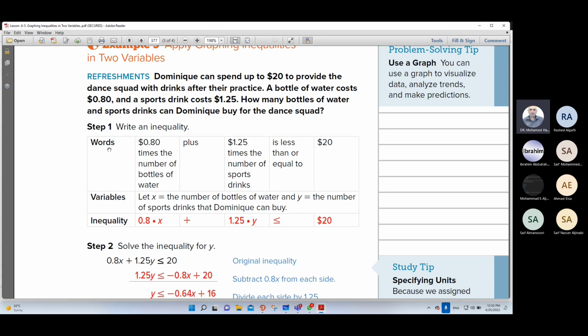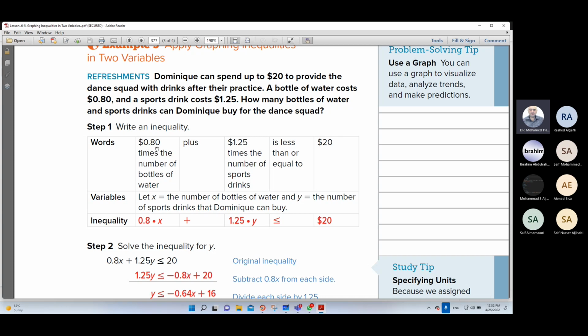We have 0.80 times the number of bottles of water, plus 1.25 times the number of sports drinks, less than or equal to $20. For the variables, let x be the number of bottles of water, and y the number of sports drinks that Dominic can buy.